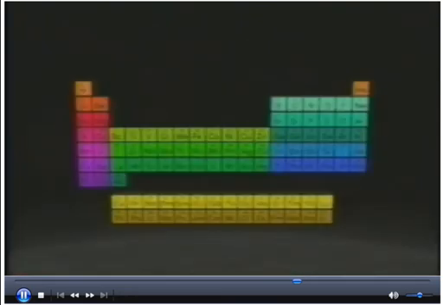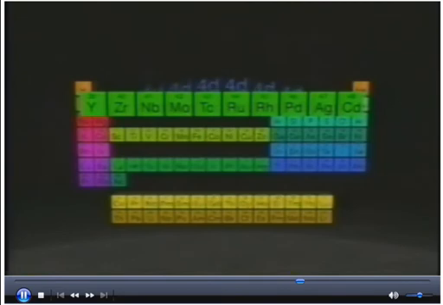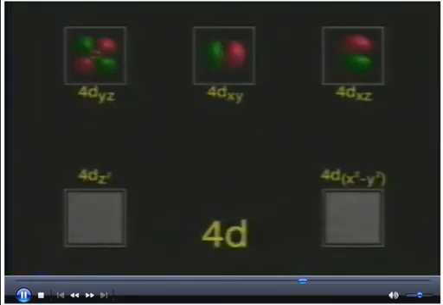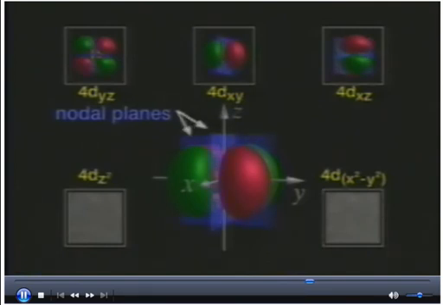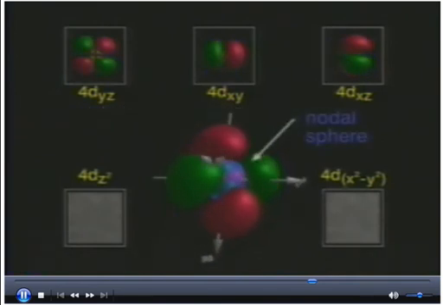The 10 second-row transition metals have valence electrons in the 4d orbitals. These orbitals resemble the 3d set, with each orbital having 2 nodal planes. In addition, each 4d orbital has 1 nodal sphere.